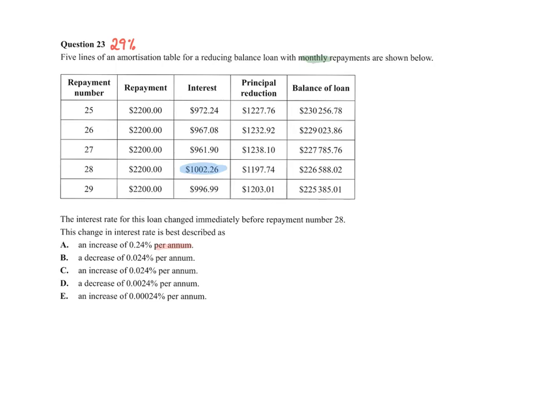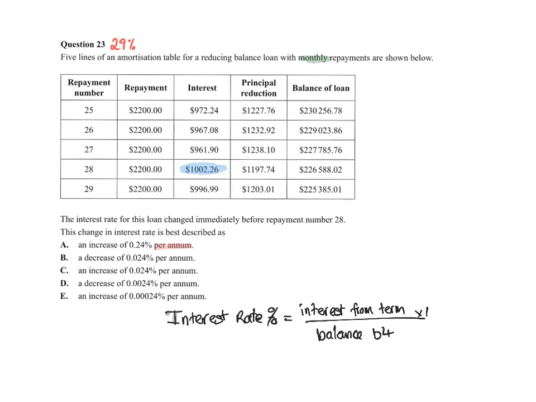If you're trying to calculate the interest rate on an amortization table, the interest rate percentage will equal the interest from a payment, or in a month from a term or whatever, divided by the balance before, and times it by 100. That would be what you can do.